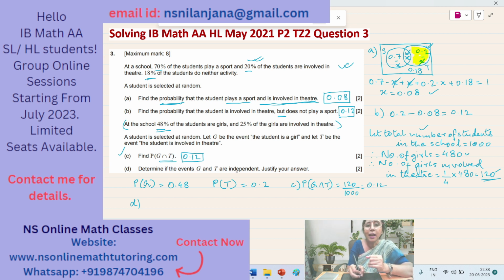Okay? And for testing whether these two events are independent or not, I have to check what is P of G times P of T. It is 0.48 times 0.2, which should be obviously equal to 0.096, which is not equal to P of G intersection T because it is 0.12.